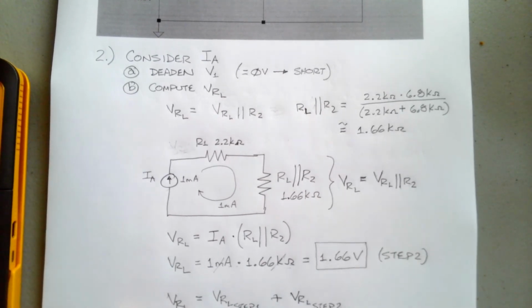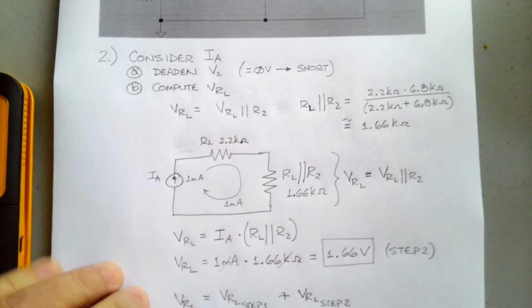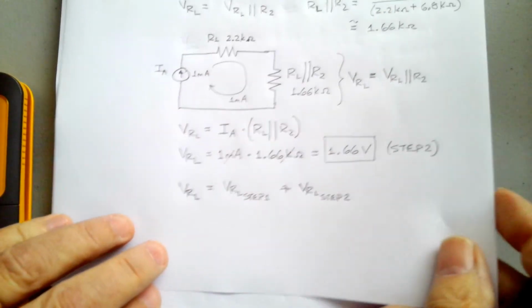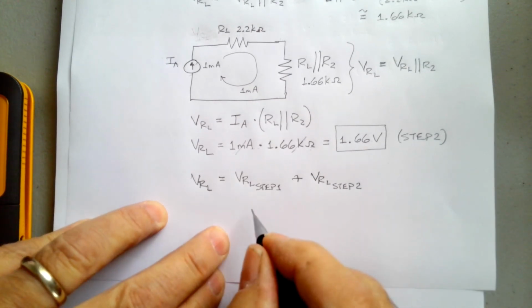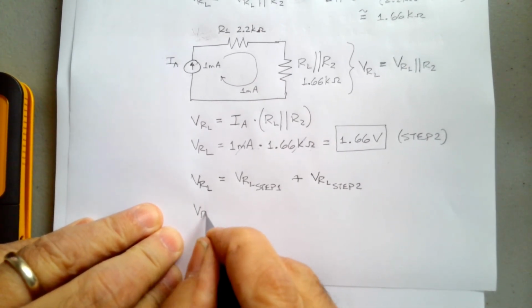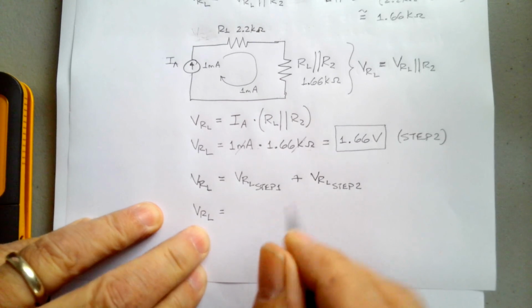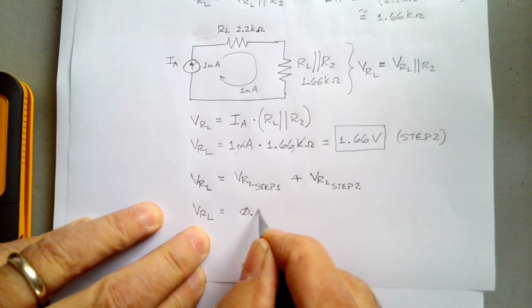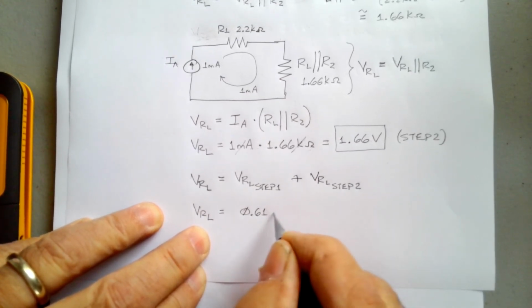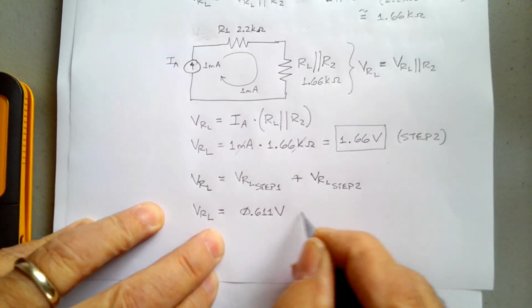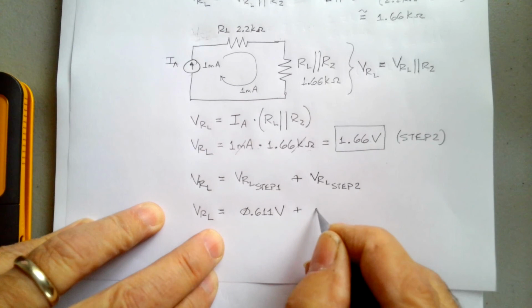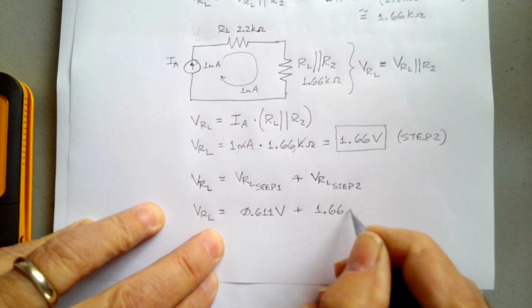So it's equal to 0.611, which is a lot of extra accuracy we probably don't have, plus 1.66 volts.